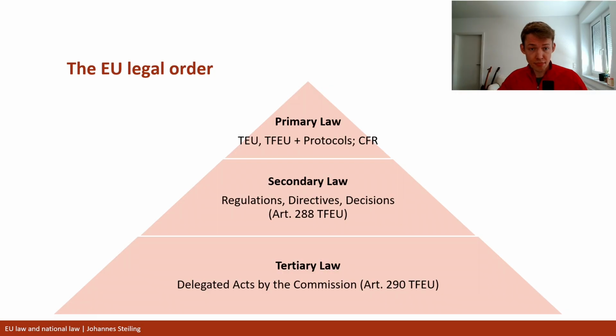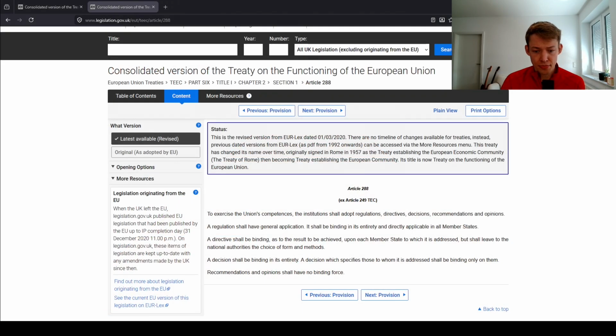Right. And then below that, we have the legal acts that the EU itself actually puts into place. These are mentioned in Article 288 of the Treaty on the Functioning of the EU. I can actually show this to you.